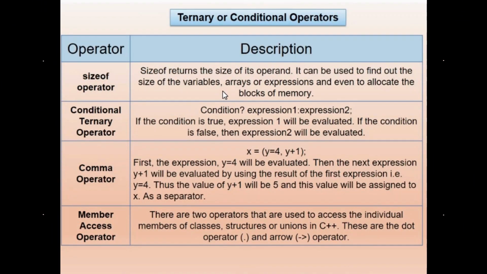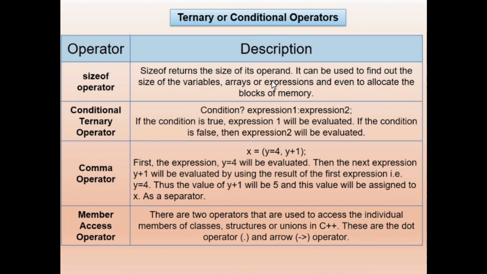Ternary or conditional operator. First operator is sizeof operator. Description says that sizeof returns the size of its operand. It can be used to find out the size of a variable. Suppose you want to find the size of a variable like integer, you can put sizeof int, so it will represent a value as 2.